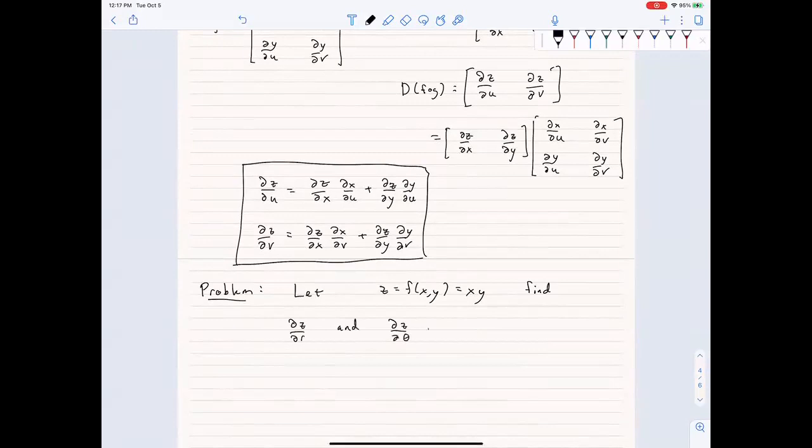In other words, you want to know the rate of change of your function as you radially move away from the origin. This is something a lot of applications may want to know, the rate of change as you move away from some point. Or you want to know the rate of change of your function as you rotate around it. So del z del theta.